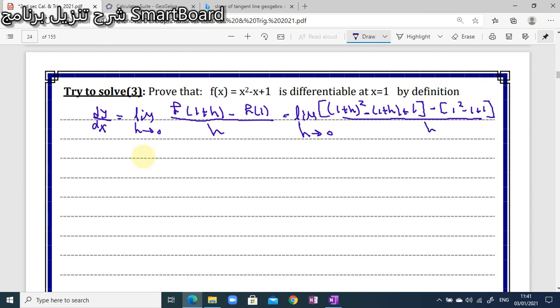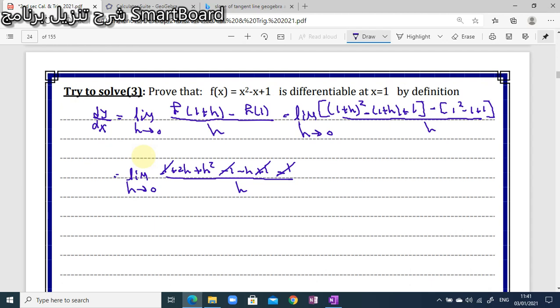So (1 plus h) power 2 equals 1 plus 2h plus h power 2, minus 1 minus h plus 1 minus 1, all over h. 1 cancels with 1 and the negative 1 cancels with 1.